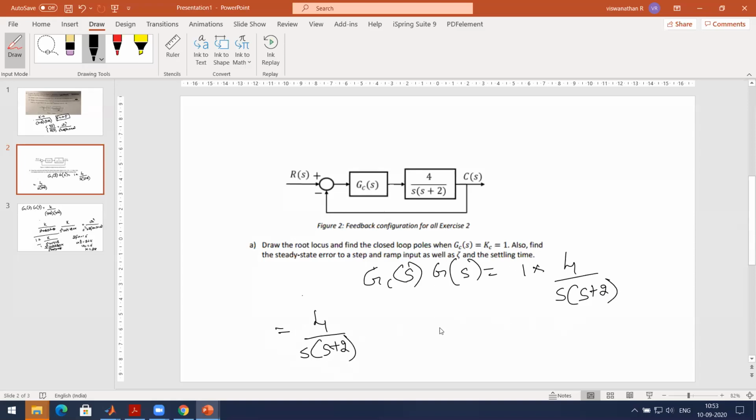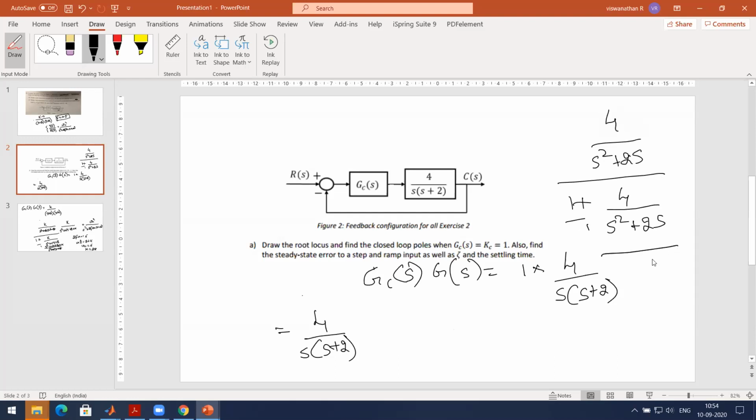Then what do you do? Sir, we should write 4 divided by S square plus 2S, divided by 1 plus... You have to take the closed loop transfer function, sir. Okay, 4 divided by S square plus 2S, divided by 1 plus 4 divided by S square plus 2S.